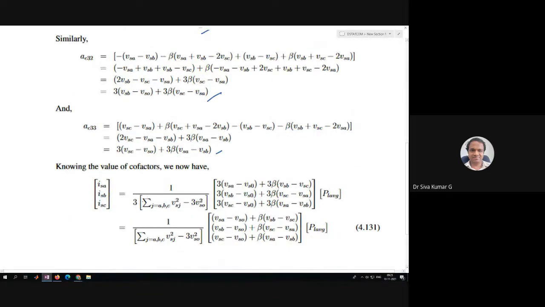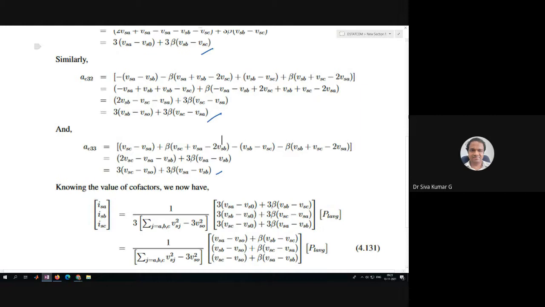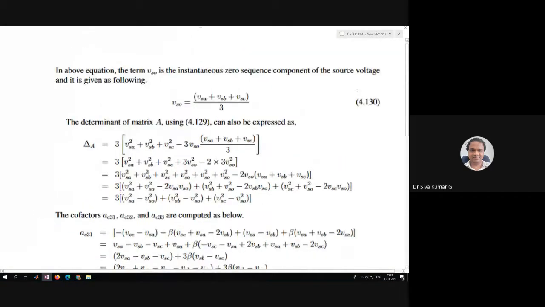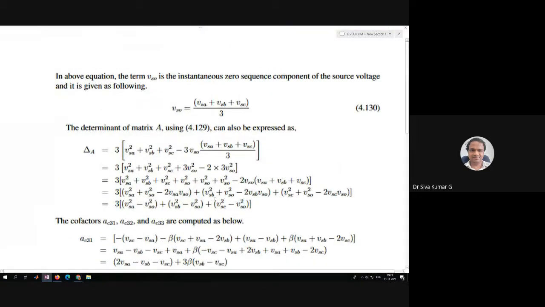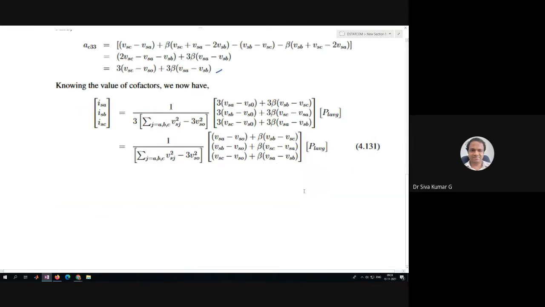We get the determinant also: 1 by 3 times the summation of VSA square plus VSB square plus VSC square, minus 3 VS0 square.